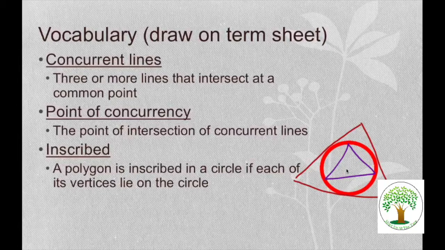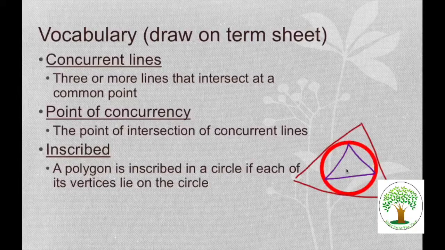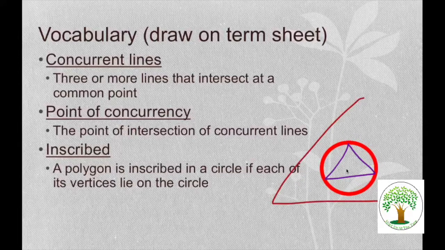Oh, okay. This one, we have inscribed here for an inscribed polygon. But if I would have had, let's go back, if I would have had my triangle out here, it would not have been. Correct. The circle is not inscribed. It's just surrounded.